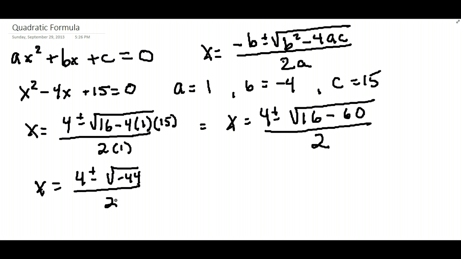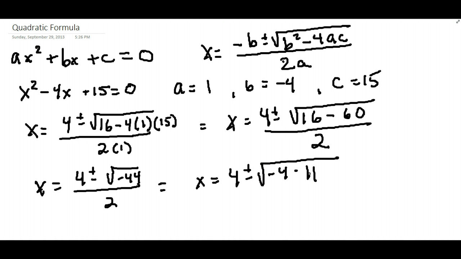Okay. Now we need to simplify this negative 44, and we have a negative underneath the radical sign, which means that we're going to have an imaginary number. So first things first, we need to break apart this number underneath the radical to pull out that negative and any perfect squares we have. So then we have x equals 4 plus or minus the square root of negative 4 times 11, because I found that 4 is a perfect square.